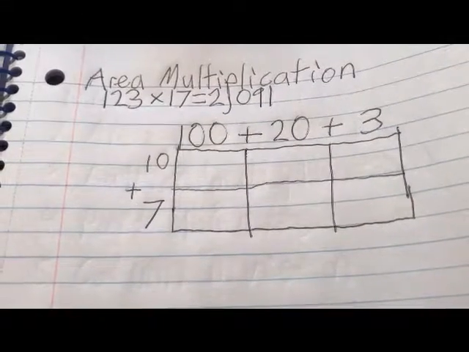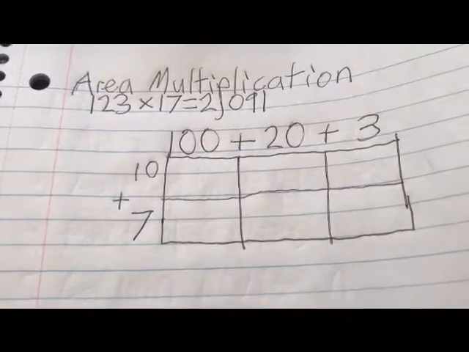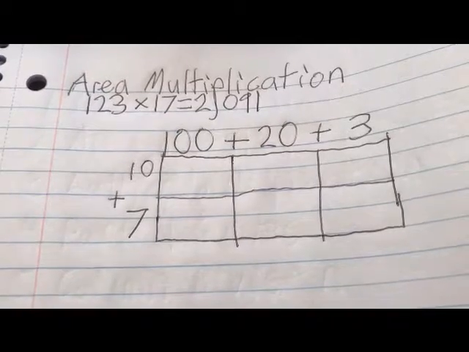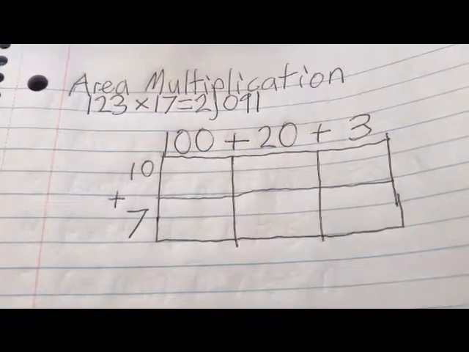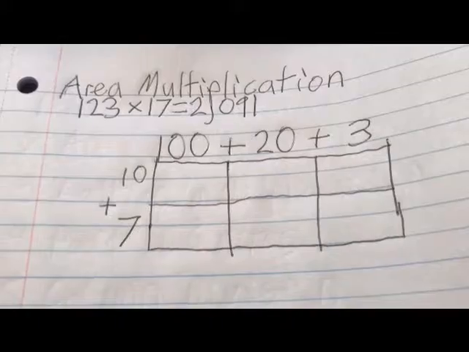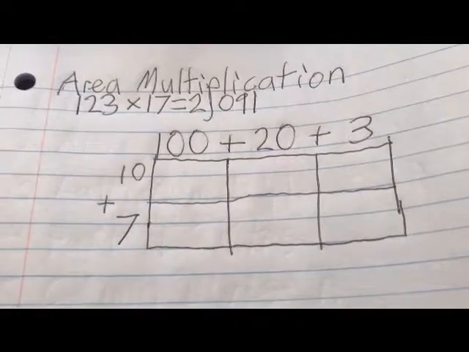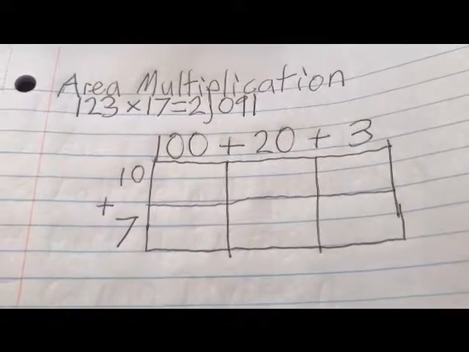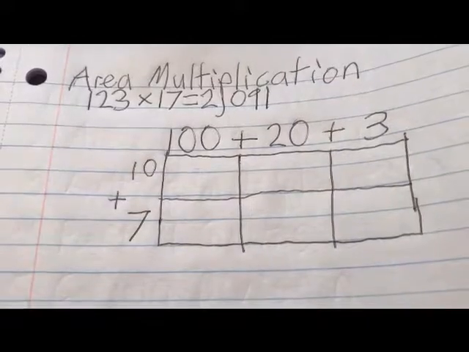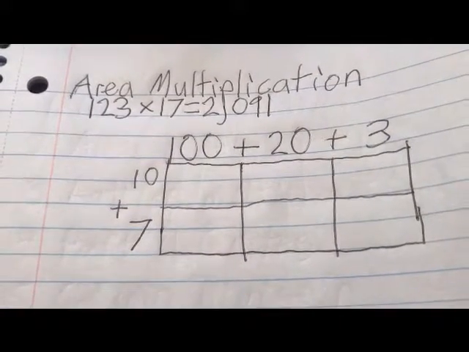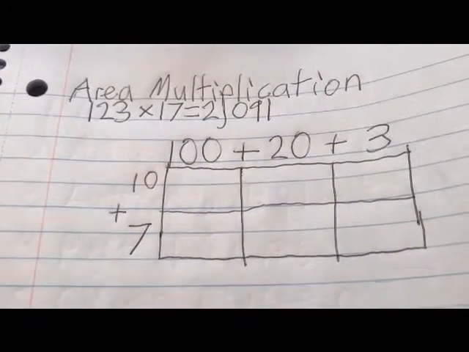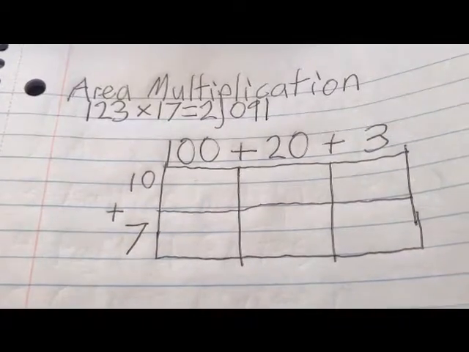And 17 is 10 plus 7. The reason we're using 10s and 100s and 20s is because they are easier to multiply with, and you add up all the products to get the final answer.